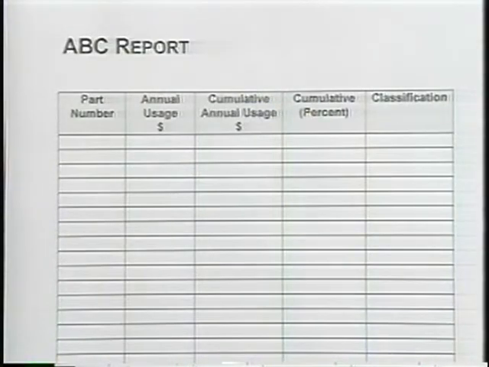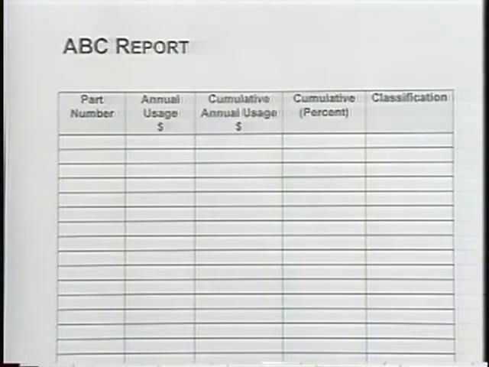So the first line up on top, right below the heading, will have the highest annual usage value part number, and then consecutively downward until the bottom part number, the 12th part number, is the lowest annual usage value.